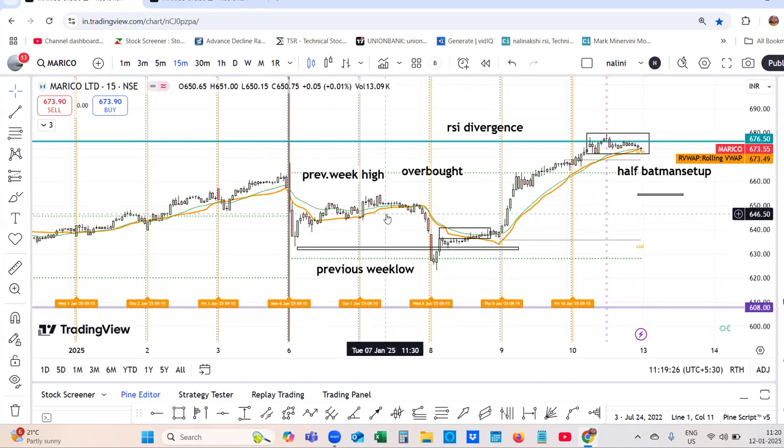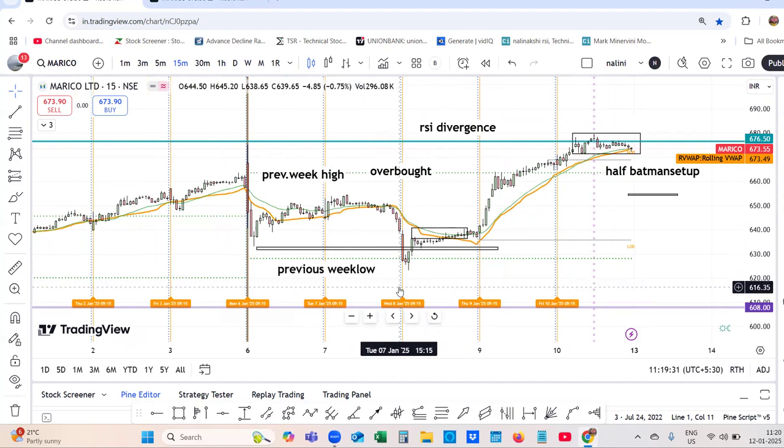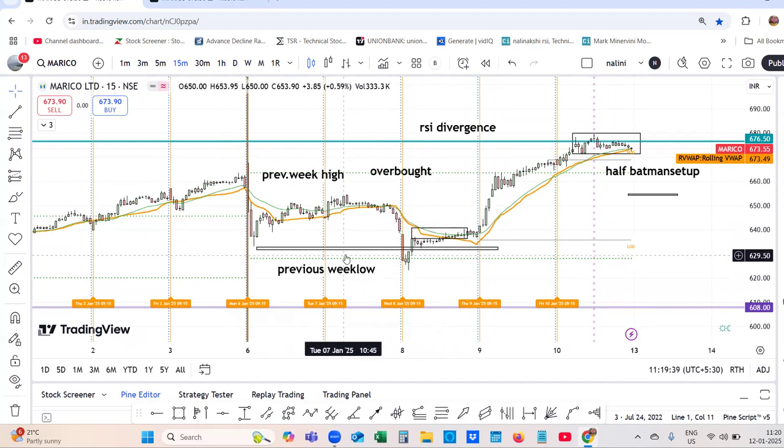So Monday, Tuesday, and Wednesday, there was a huge move towards the bottom. This green dotted line is the previous weekly low reference.